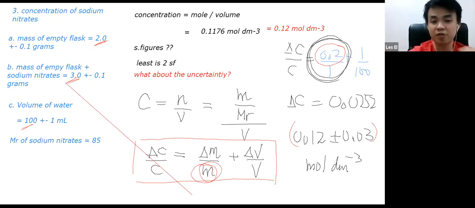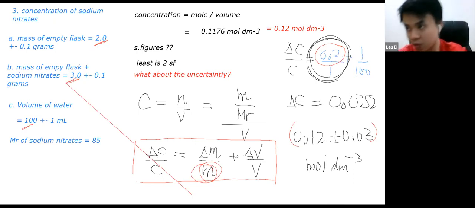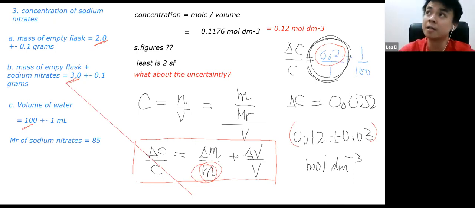So it'll be 0.12. So that's why you have 0.12 plus minus. You round off the uncertainty to 2 decimal places also. That's why you have 0.03. So 0.12 plus minus 0.03. Is that clear until here?